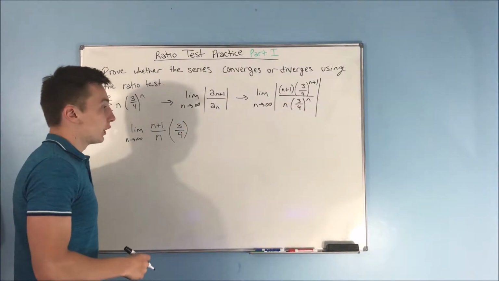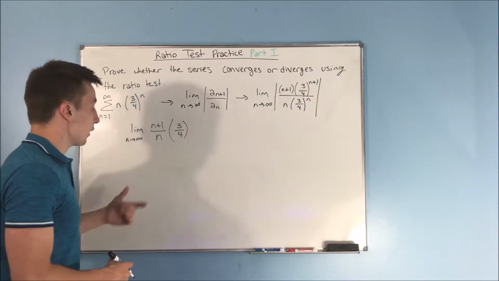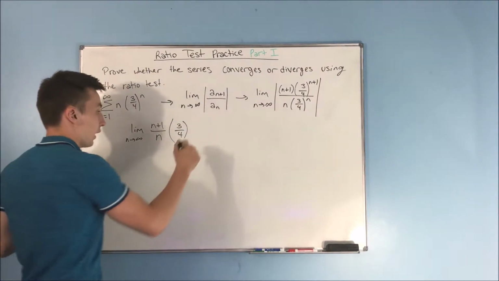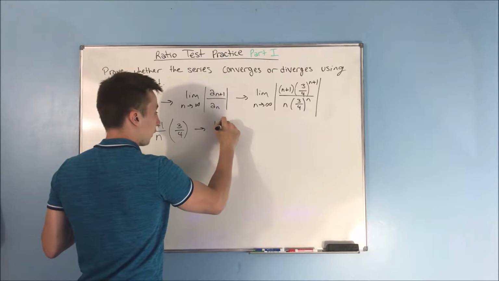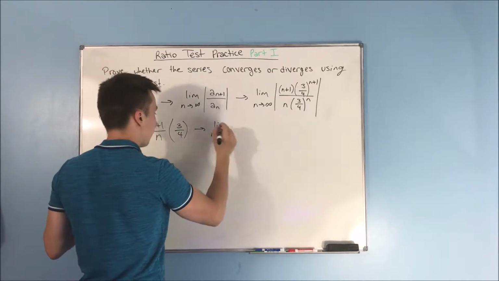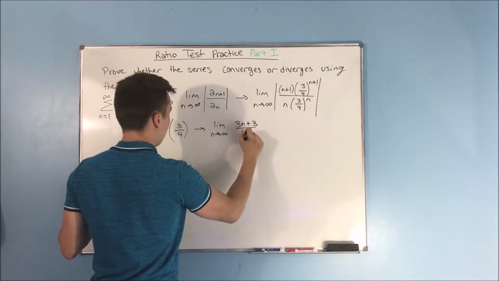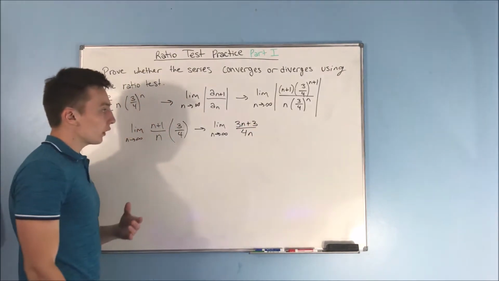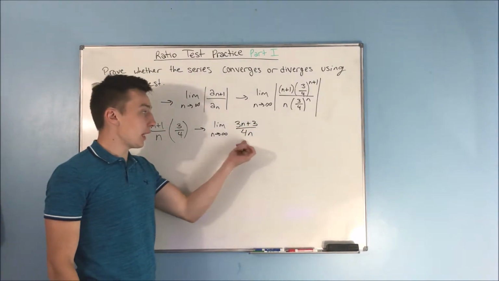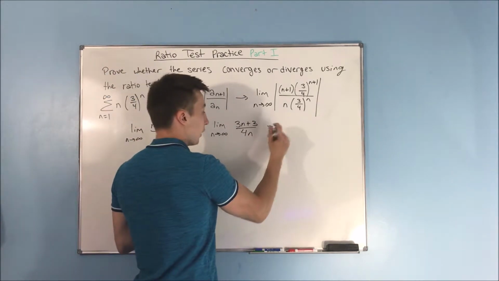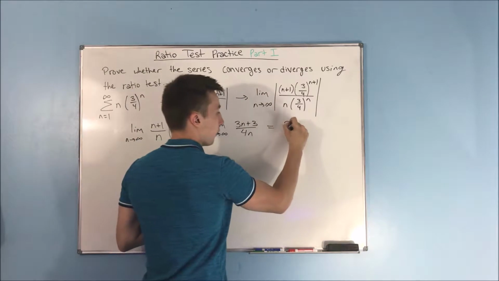Now we can distribute this 3 and the 4, and then it just becomes a regular limit: the limit as n approaches infinity of 3n plus 3 over 4n. You can divide everything by n here, or use L'Hopital, whatever you'd like, and you end up with this limit equaling 3/4.